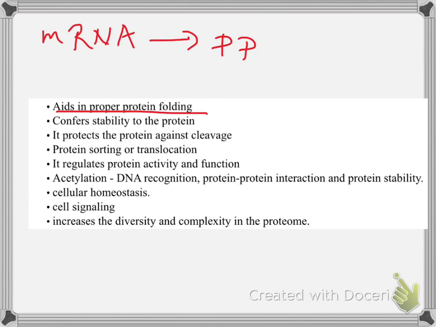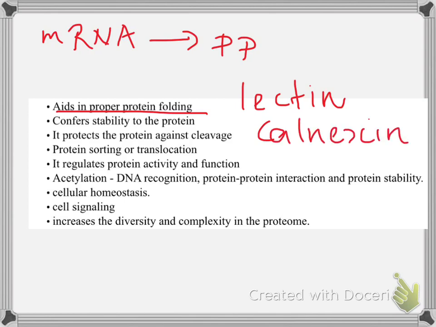For example, a lectin molecule called calnexin binds to glycosylated proteins and assists in their folding.